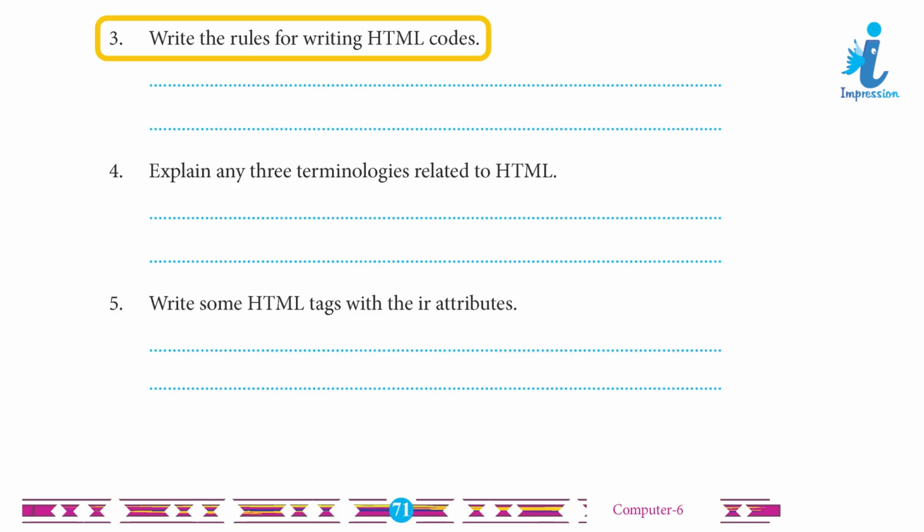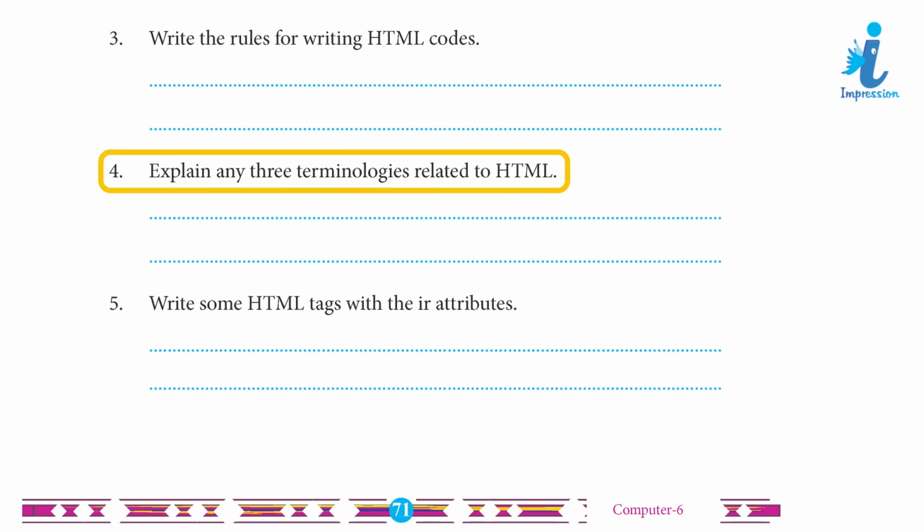3. Write the rules for writing HTML code. Answer. In order to write HTML code, we need to abide by some rules. These are: tag should always be surrounded by angle brackets. Values given to the attribute should be enclosed in double quotes. 4. Explain any three terminologies related to HTML. Answer.